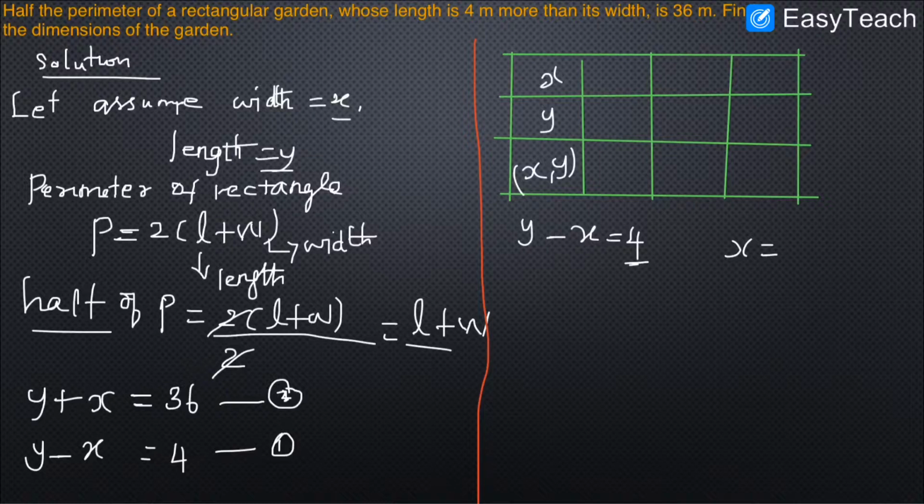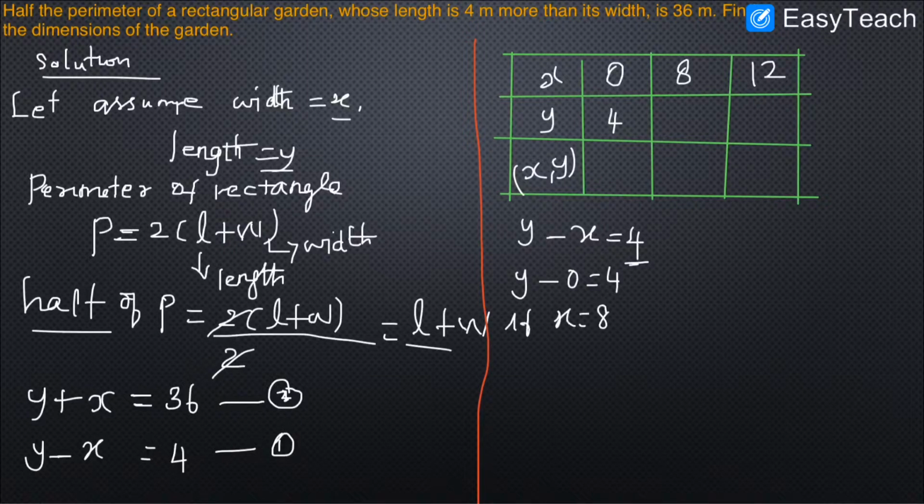Let's substitute 0, 8 and 12. If x equals 0, y minus 0 equals 4, so y equals 4.